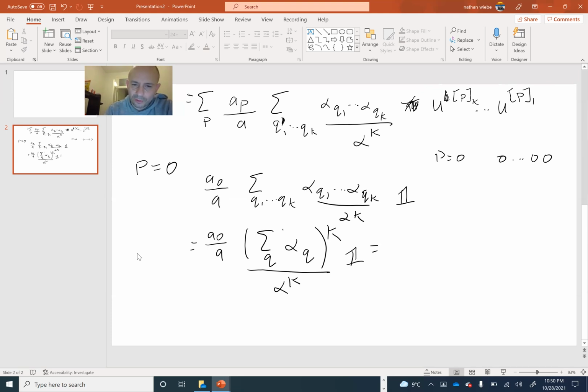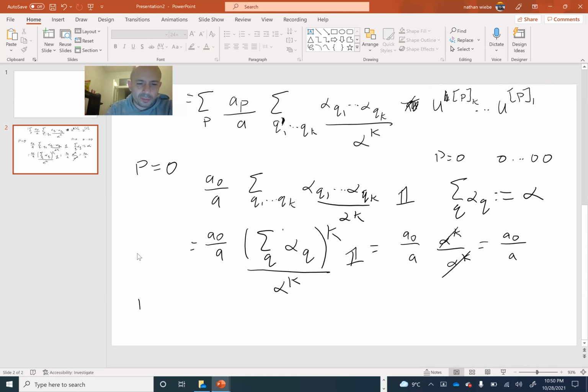This is equal to a naught over a, because the sum over q of alpha sub q is defined to be equal to alpha. So this is alpha to the k divided by alpha to the k. These two cancel, which just gives us a0 over a. There you have it. That's how we handle the first term.